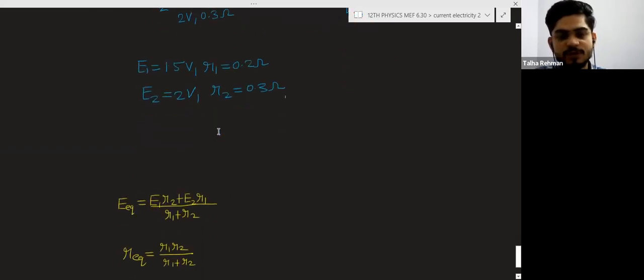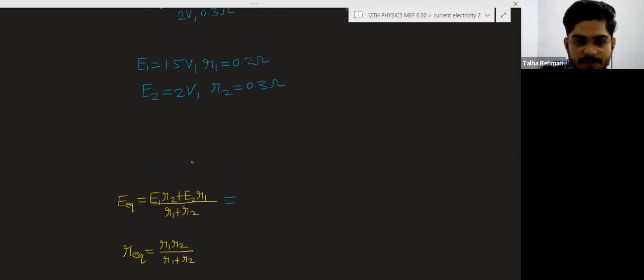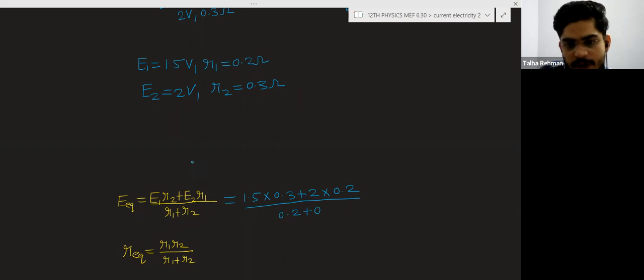Now put all the values in this formula. If you want to find the E equivalent, then put the values of E1 R2 plus E2 R1. You will get the answer. E1 is 1.5, R2 is 0.3, plus E2 is 2 multiplied by R1, R1 is 0.2, divided by R1 plus R2. So this is 0.2 plus 0.3.